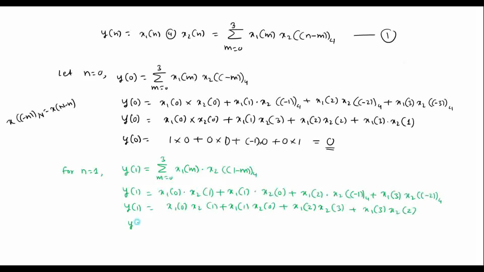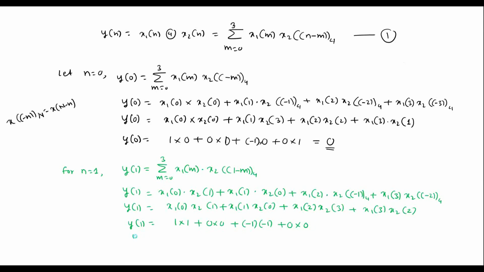So simplifying this, y of 1 is equal to, x1 of 0 is 1 into x2 of 1 is 1, plus x1 of 1 is 0, x2 of 0 is 0, plus x1 of 2 is minus 1, x2 of 3 is minus 1, plus x1 of 3 is 0 into x2 of 2 is 0.